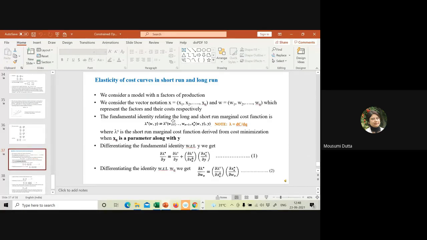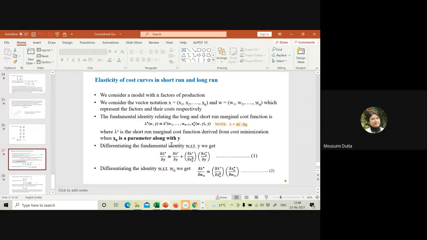The fundamental identity relating the long and short run marginal cost functions is how we relate the marginal cost functions of the short run and long run, bringing lambda into our analysis. We already checked that lambda is equivalent to marginal cost.